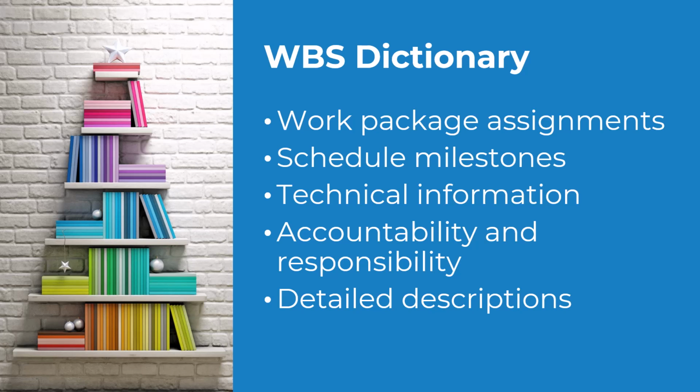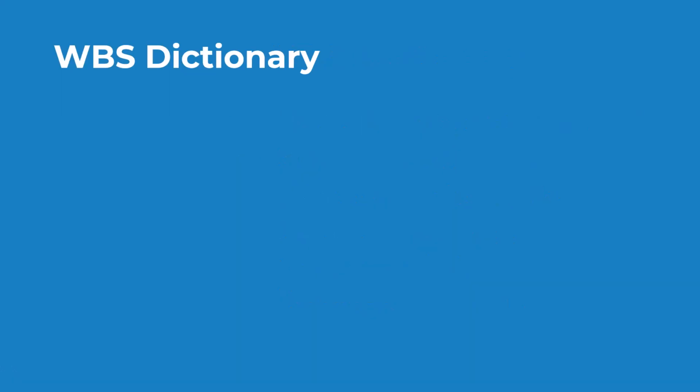The WBS and the WBS dictionary, they go a long way in defining how your project work will run. In fact, the table format for a WBS helps with tracking all this WBS dictionary data.